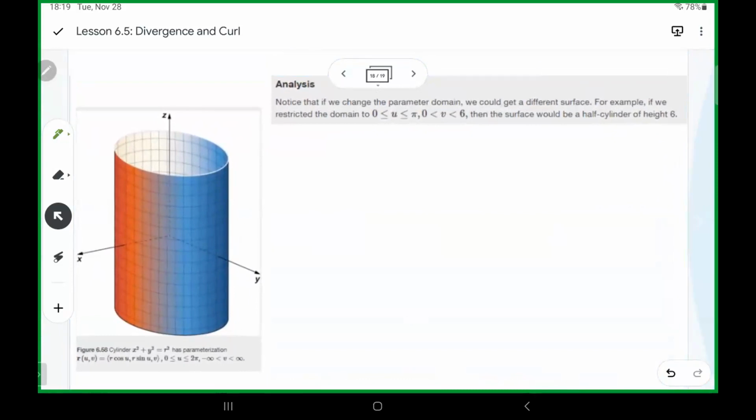Okay, so notice that if x equals cos u, and y equals sin u, then x squared plus y squared equals 1.